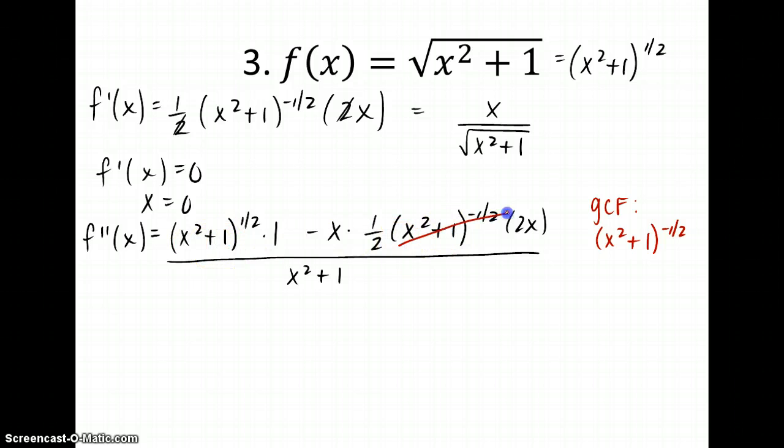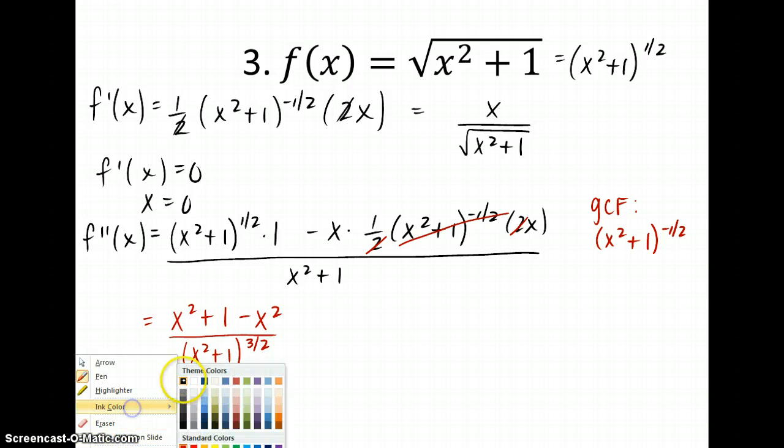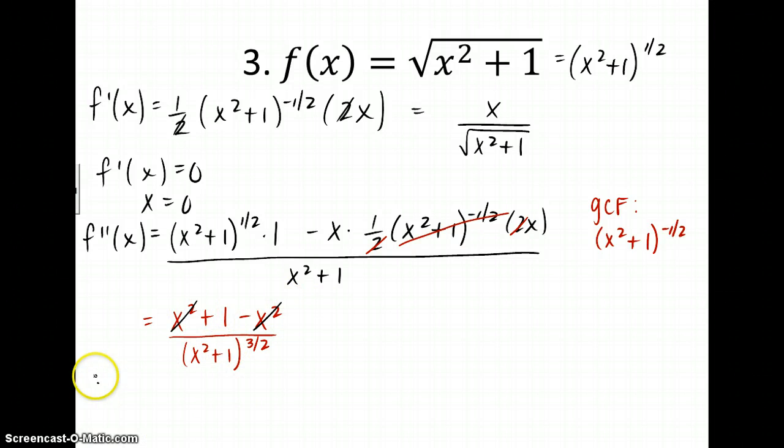If we factor out the x squared plus 1 to the 1/2, it would leave us with x squared plus 1 minus x squared, and then all over x squared plus 1 in the denominator. 1 minus negative 1/2 would give us 3/2 here. The x squareds cancel, so our second derivative is 1 all over x squared plus 1 to the 3/2.